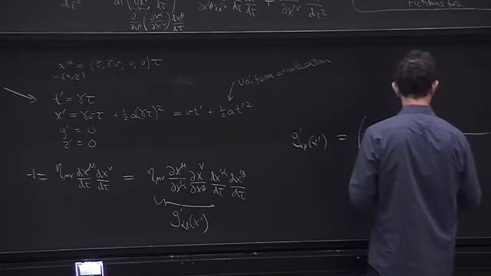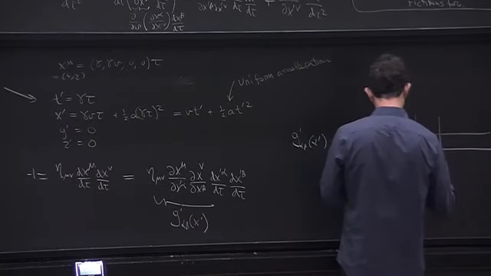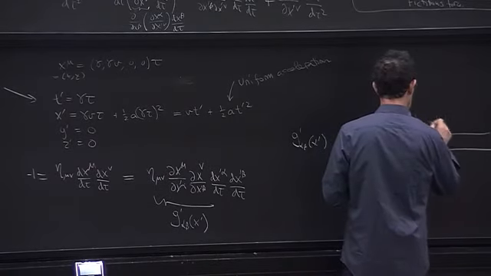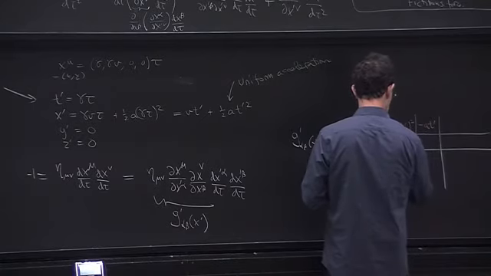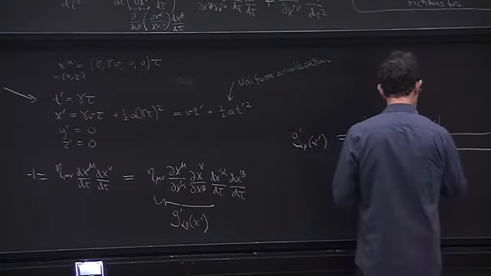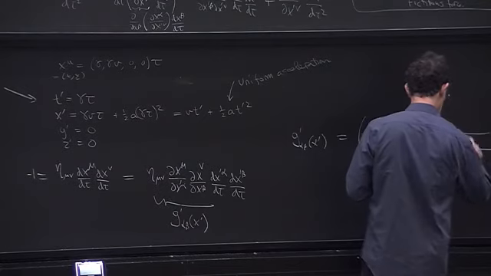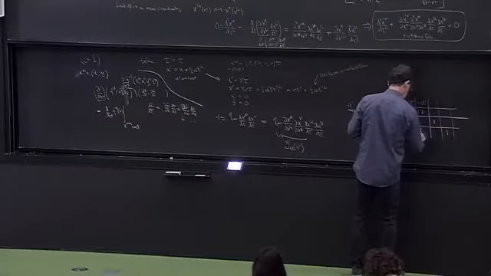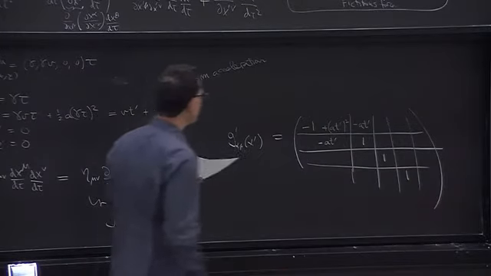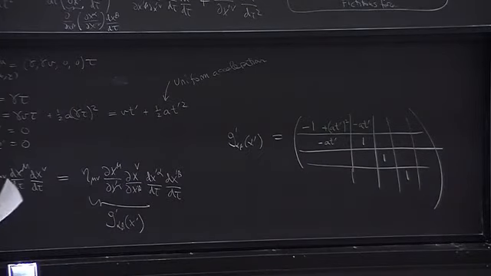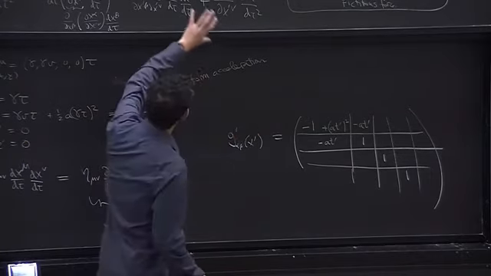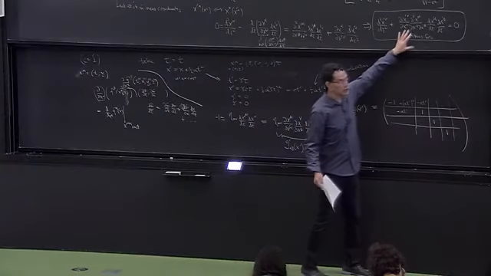And then in the 0, 1 component, you get minus a t prime. And here you get minus a t prime. In the remaining components you get 1 and 1 and 1. So that's the metric in the accelerating system of coordinates. And this metric is responsible for the fictitious force.